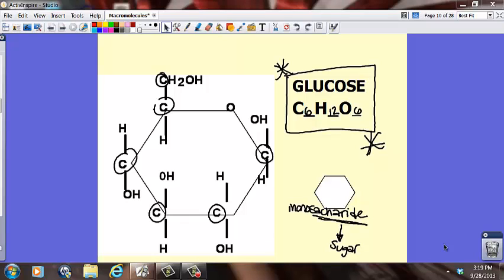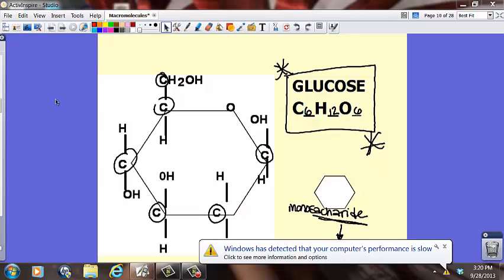We say that glucose is a monosaccharide because it is a single sugar, and saccharide always stands for sugar. So if we just have one sugar, we call it a monosaccharide, which is the basic monomer for carbohydrates.